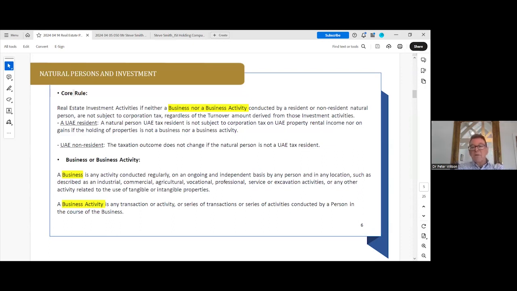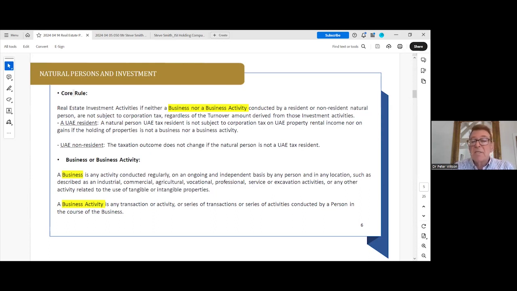Now, we can all read what the core rule is, but basically it's saying that for a natural person, if a natural person's activity in real estate is something that falls within the meaning of real estate investment activity, and it's not a business nor a business activity, then it's not going to be liable to corporation tax. That's the fundamental core rule for natural persons.